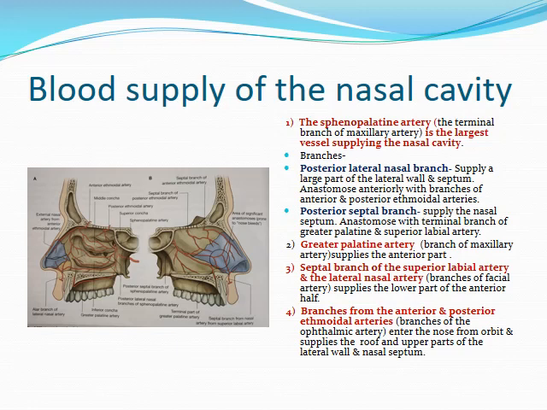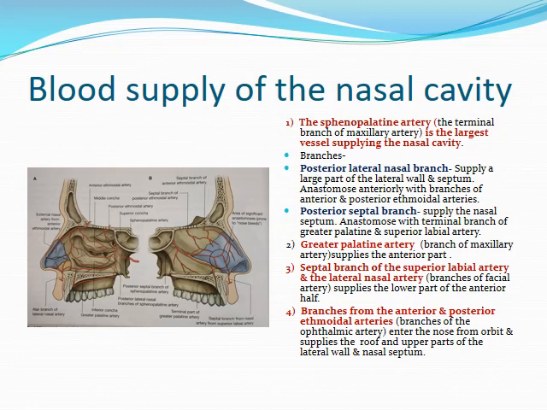Besides the sphenopalatine artery, the nasal cavity is also supplied by the greater palatine artery, a branch from the maxillary artery, which supplies the anterior part. Then branches also come from the septal branch of the superior labial artery and the lateral nasal artery, and these are branches of the facial artery, and they supply the lower part of the anterior half.